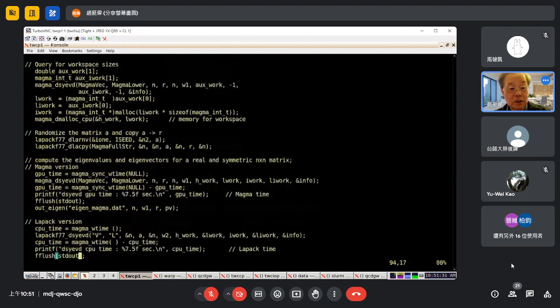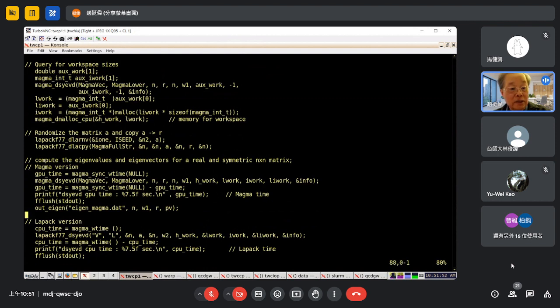And then we output the eigenvalues. Depending on the PV option, it prints only the eigenvalues or both eigenvalues and eigenvectors.